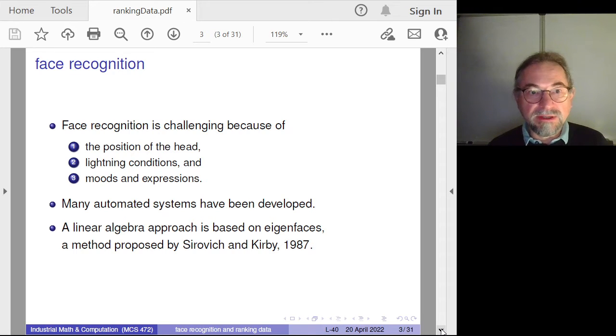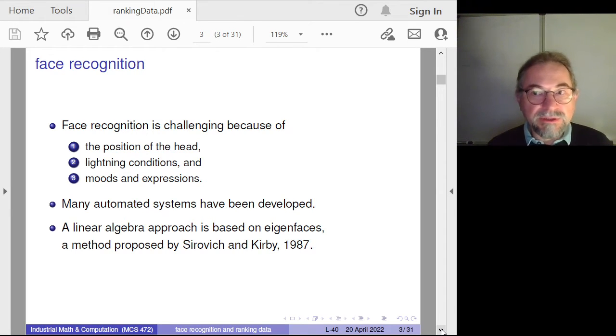There are the lighting conditions, and then you still have the same face when you smile or not, and there are several other expressions that can drastically alter a face, but it's still the same face.